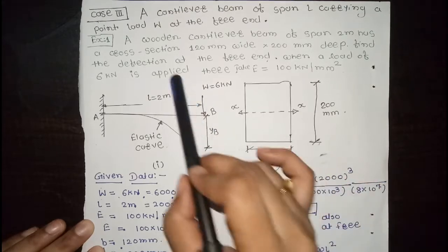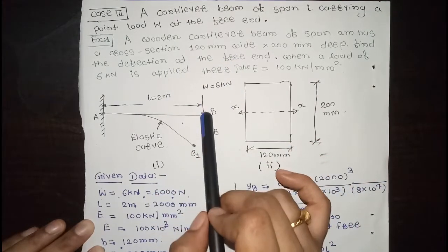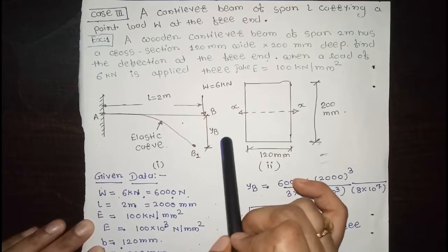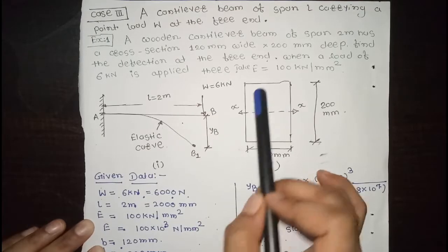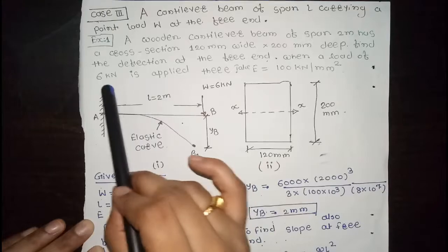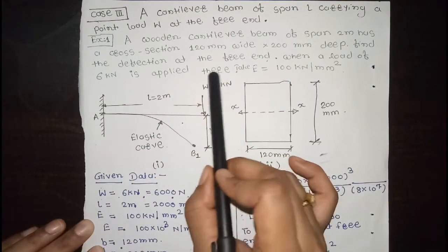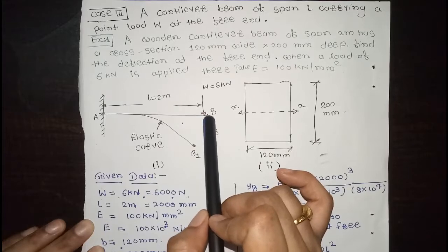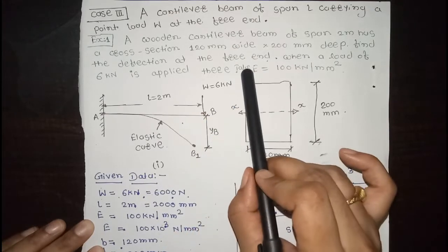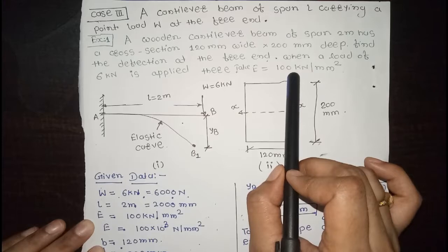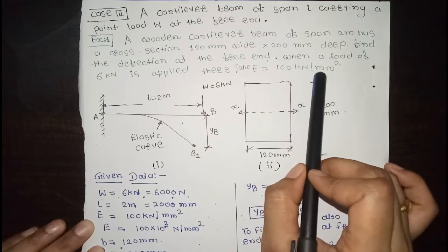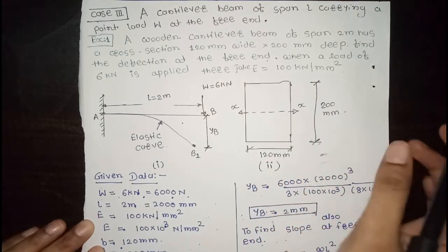Okay, calculate deflection at the free end. So calculate deflection at the free end means calculate YB when a load of 6 kN is applied there, means at the free end. So take the value of capital E is equal to 100 kN per mm square.